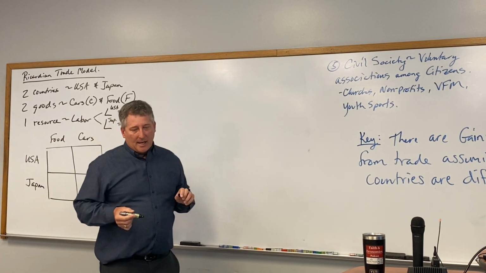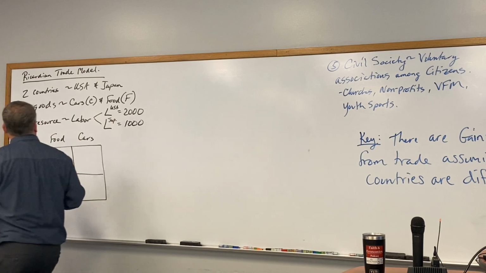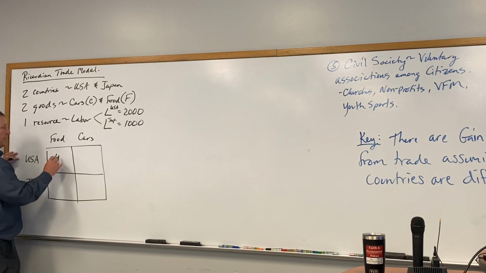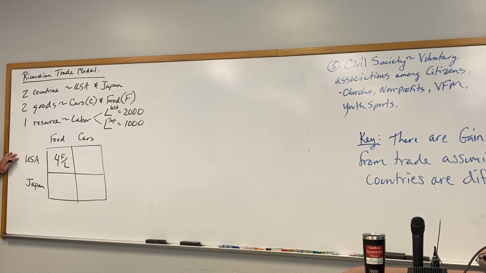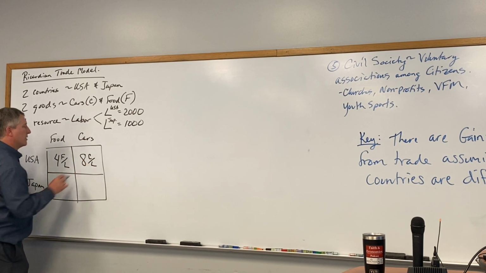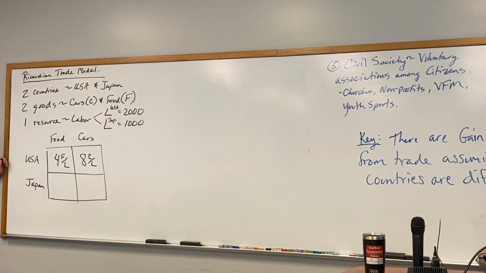So in the USA, we've got an American being able to make 4 units of food per unit of labor. Each person can make 4 units of food per unit of labor. Or if we have that person working in cars, they can do 8 cars per unit of labor.